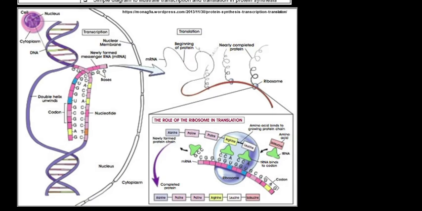So in the nucleus, you've got the DNA strand, and basically the DNA strand then unwinds, it unzips, exposing the nitrogenous bases. Then only one side of the DNA strand is used as a template.